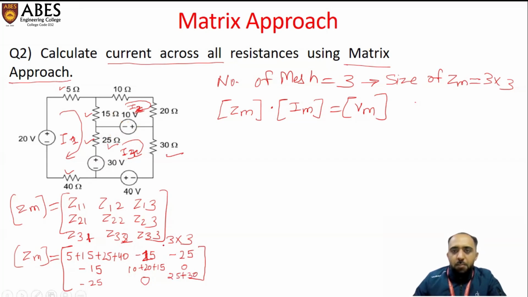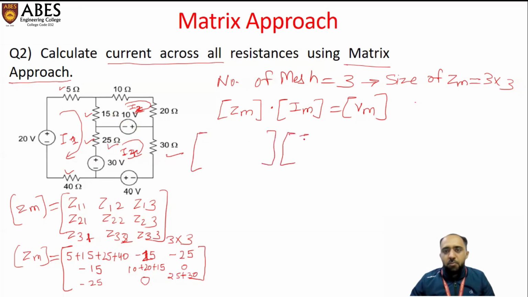So we can write the Z matrix. Then Im matrix will be I1, I2, I3. Then we can write it as V1, V2, V3.